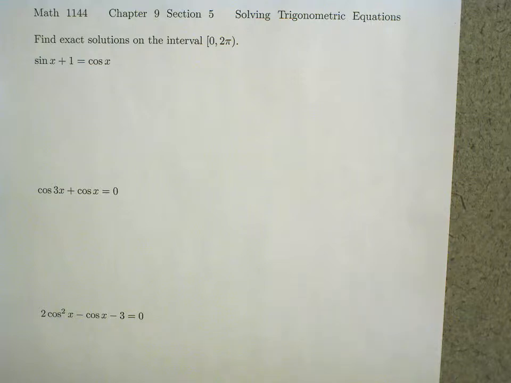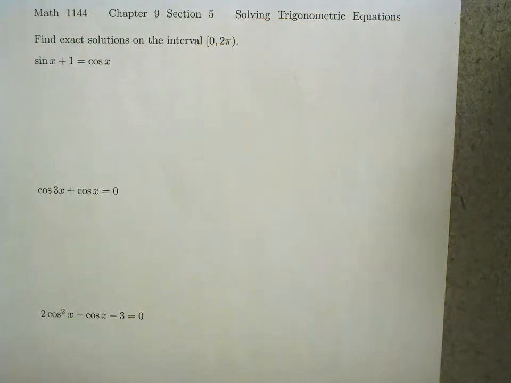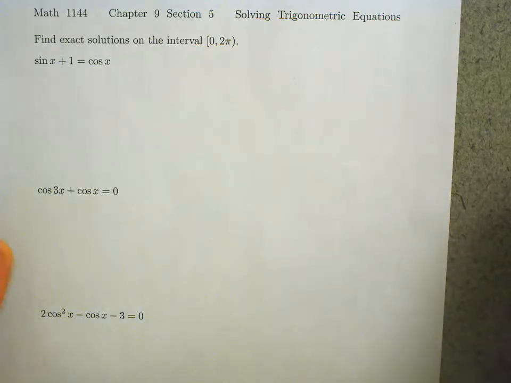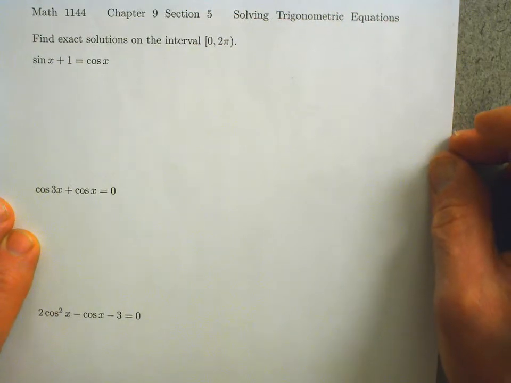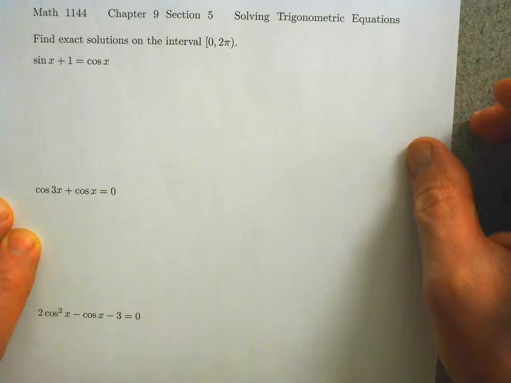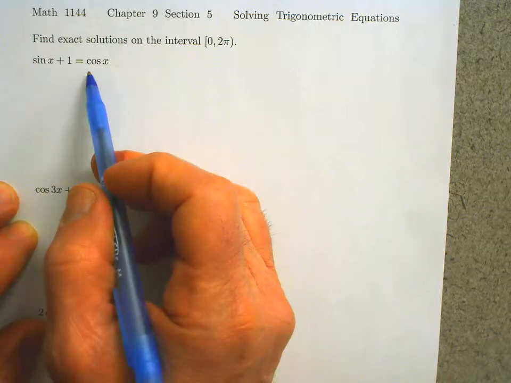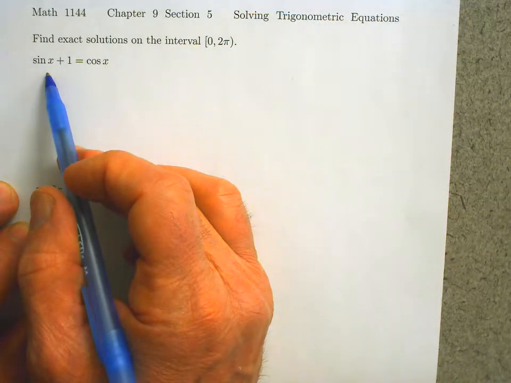Well, if you think about that equation, you can eventually find a solution just by thinking of a particular special angle. But otherwise, it sort of seems a little confusing. So one technique is to square both sides.